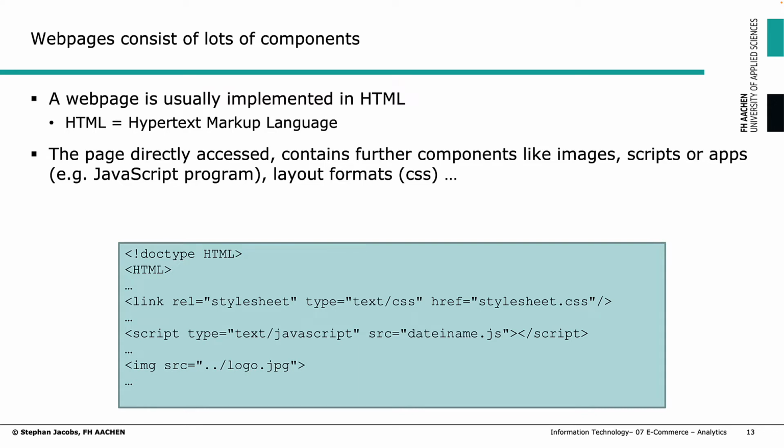What does it mean? Actually, the web page contains information about other parts, about images and scripts which have to be loaded after the HTML page has been loaded. So a web page is not a monolithic block. It's something which points to more components which have to be requested later on from the web server.